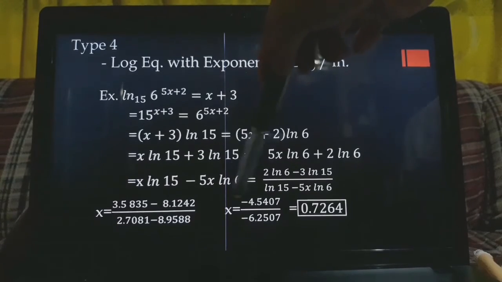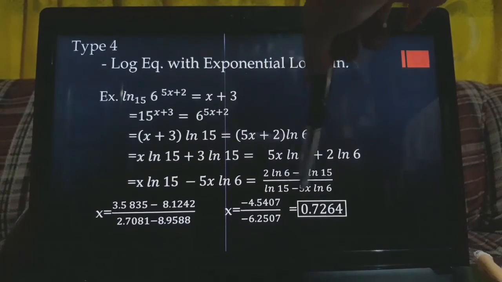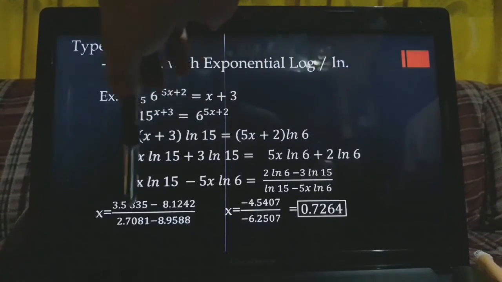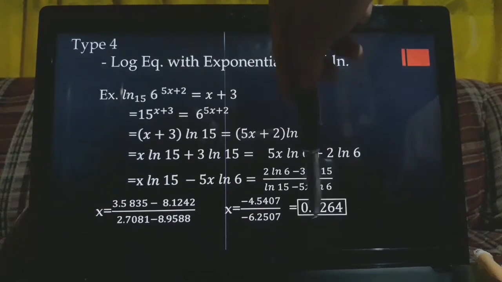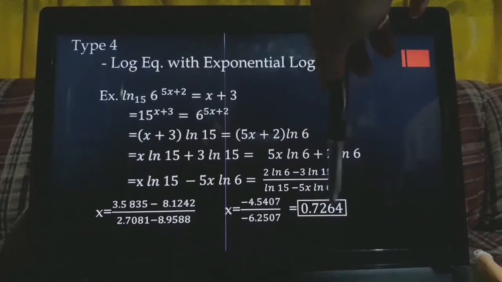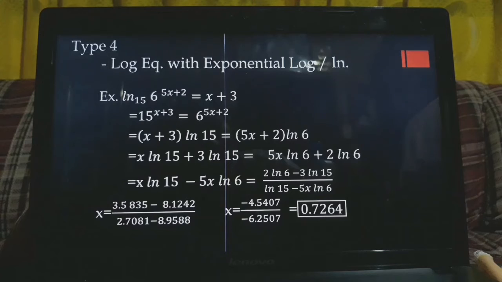So this one, put this in your calculator, input this, and the answer will be this one. Simplify it, the final answer is 0.7264. Try it on your calculator.